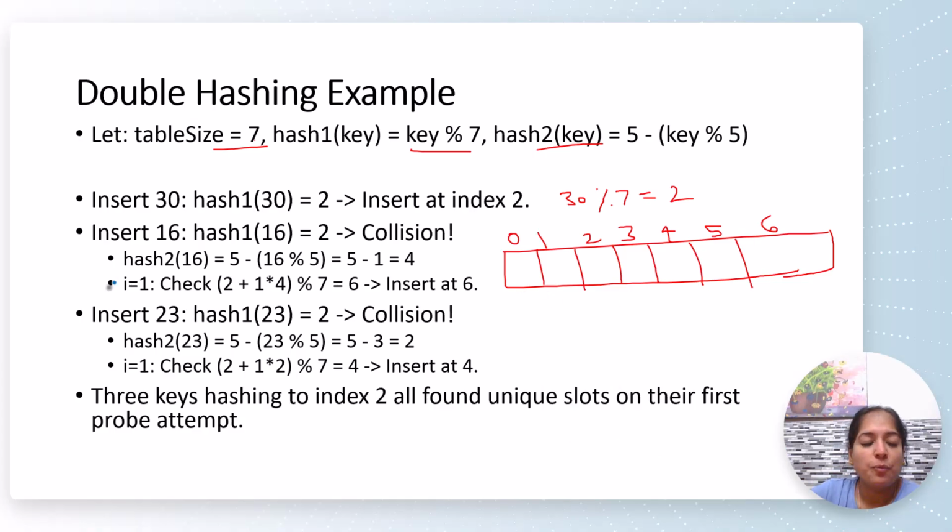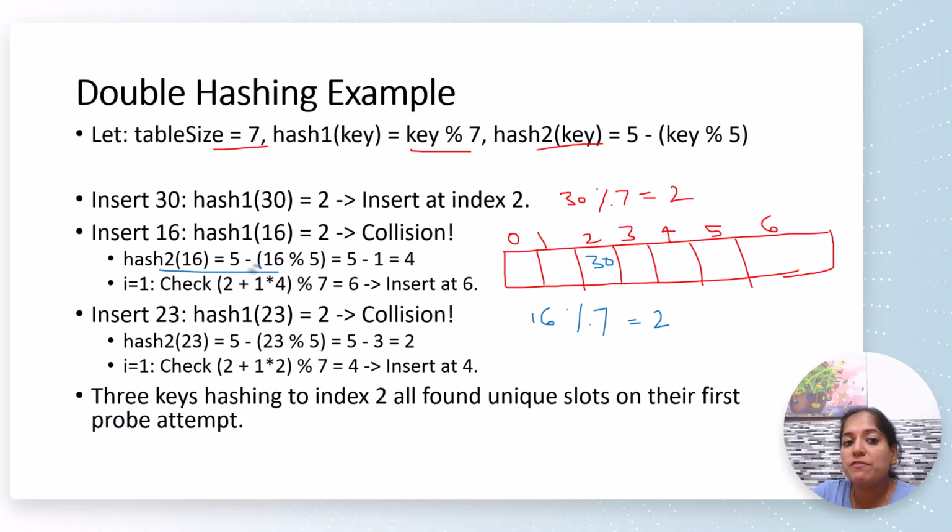So, now insert 16. 16 mod 7 gives you again 2. At index 2, we have put the value 30. Now 16 mod 7 again gives you 2. 2 is already occupied, that means a collision is there. So we will apply the probe function.